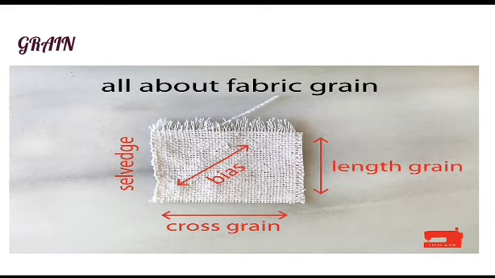The line parallel to the selvage is the lengthwise grain, and the line perpendicular to the selvage is what we call the crosswise grain. Next, bias. See in the picture, the bias is running exactly at a 45-degree angle in the fabric. So you can say it's a true bias here.